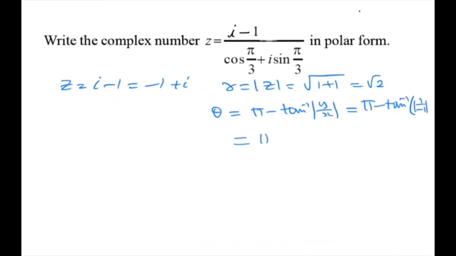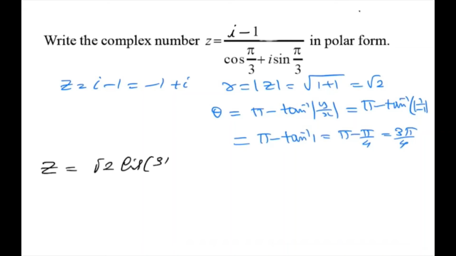That becomes pi minus tan inverse of 1, pi minus pi by 4, 3 pi by 4. So the polar form, we shall write it directly in the given set, is root 2 times cis of 3 pi by 4 upon cis of pi by 3.